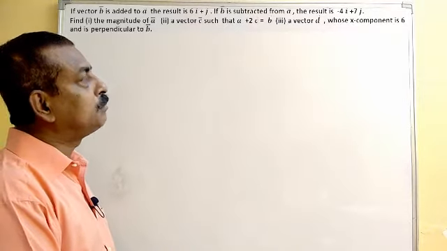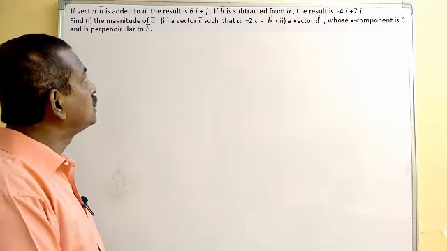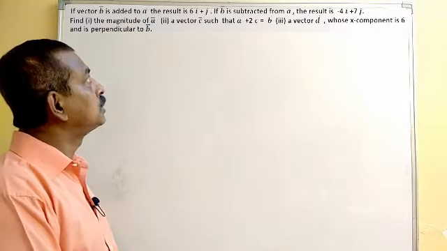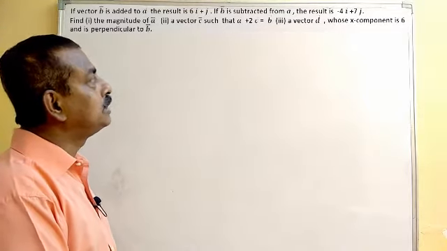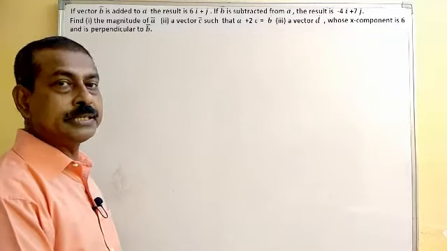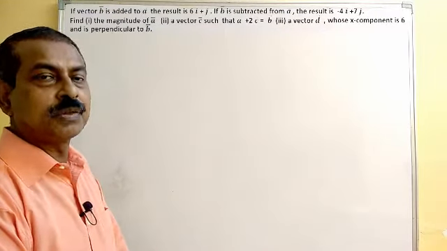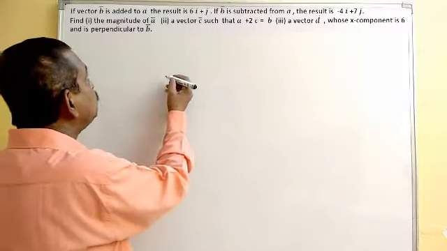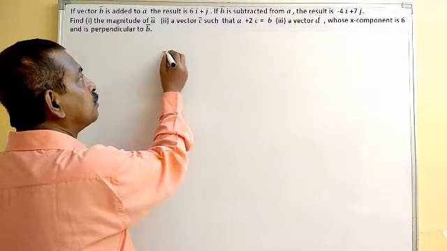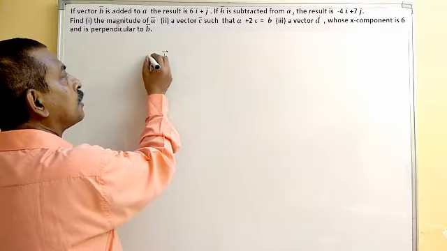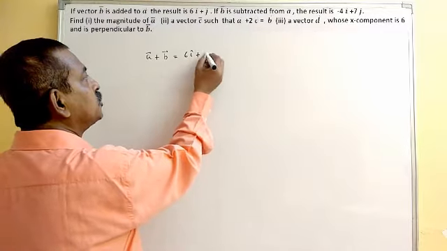You have to find magnitude of vector A. Second part is that vector C such that vector A plus 2C vector is equals to vector B, and vector D whose x component is 6 and is perpendicular to vector B. So what is given there? If B is added to A, so vector A plus vector B, it is given as 6i plus j.